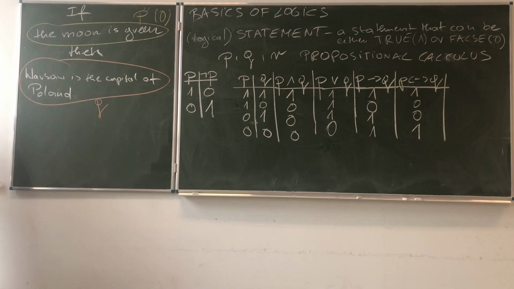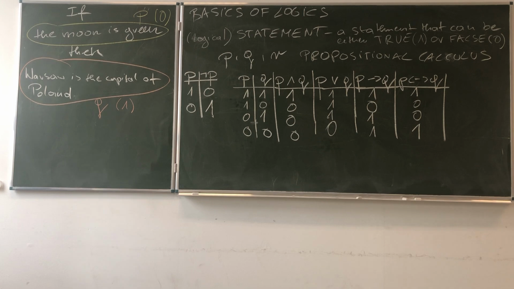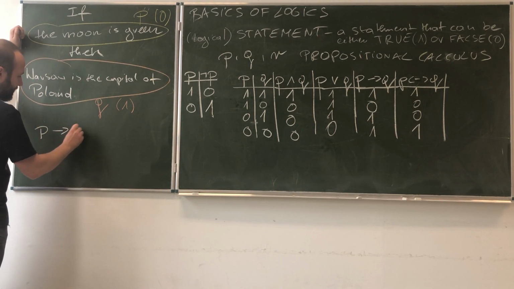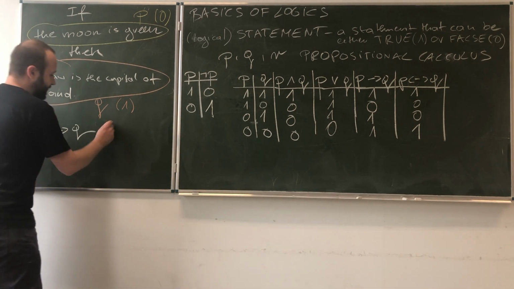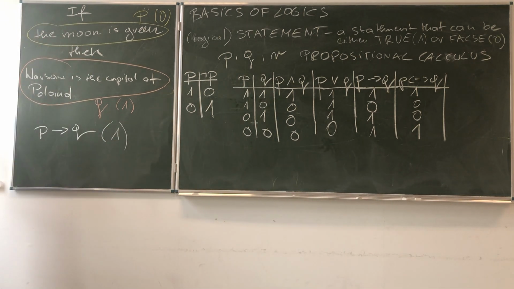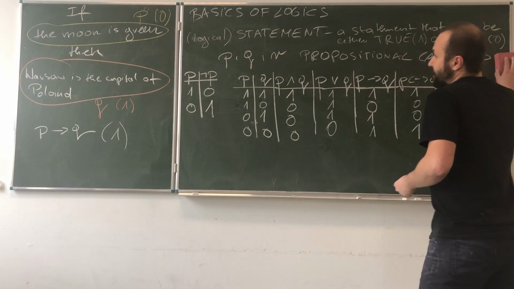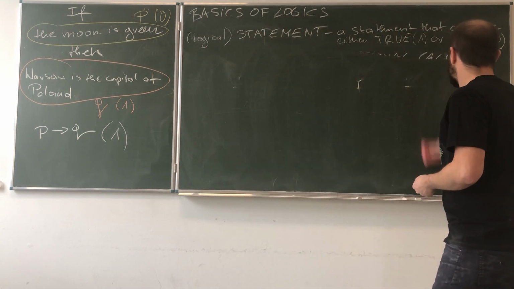Well, this statement is definitely truthful. So look, I can write this entire sentence basically as P implies Q. And now, if something false implies something truthful, well, this entire statement, though very weird, is a true statement in logical sense.